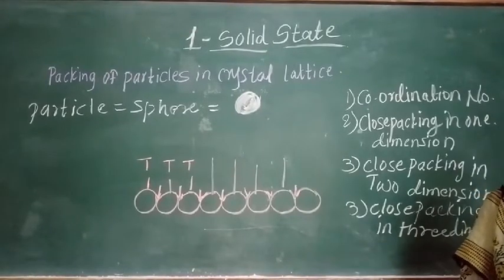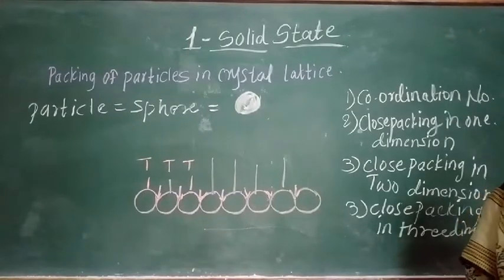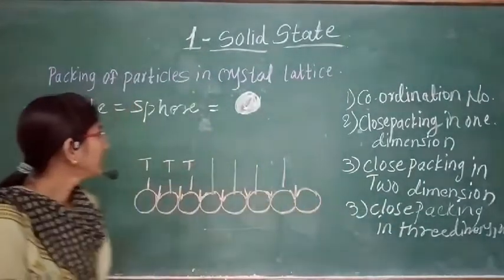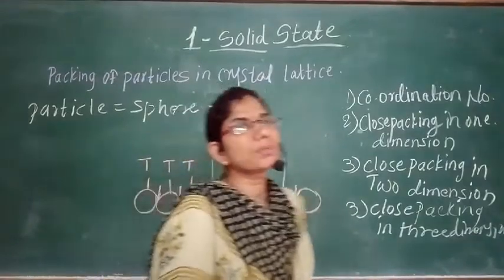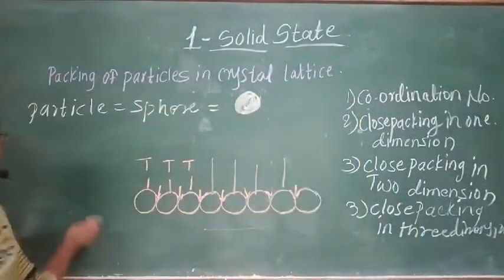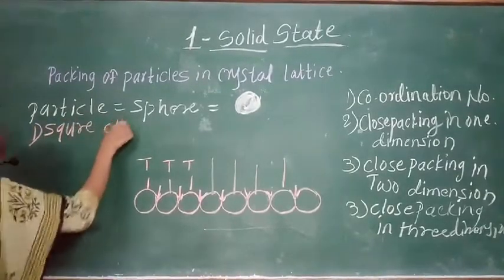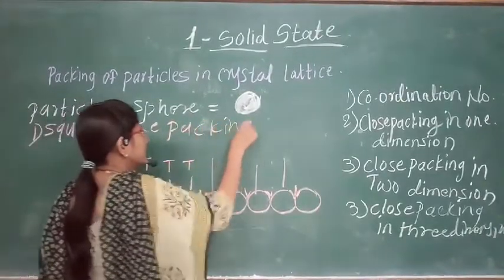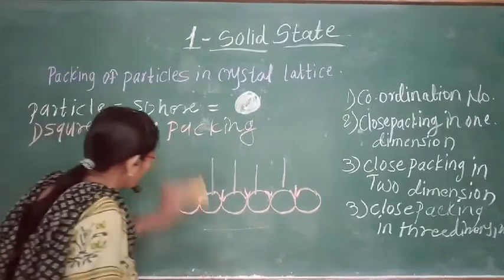Therefore there are two ways to obtain the close packing in two dimensions. The first one is square close packing. What is meant by square close packing?